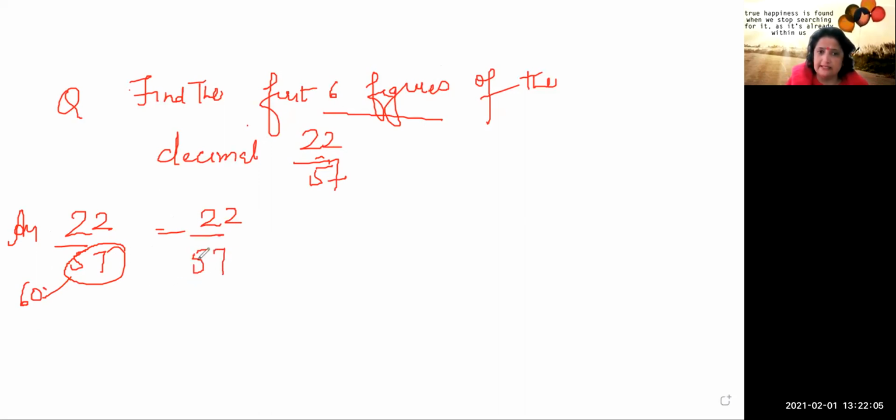So हमारा जो डिवाइजर है यहाँ पे, this is the dividend and 6 is the divisor. So 22 divided by 6, और डिफरेंस कितना है दोनों में? 3 का डिफरेंस है.